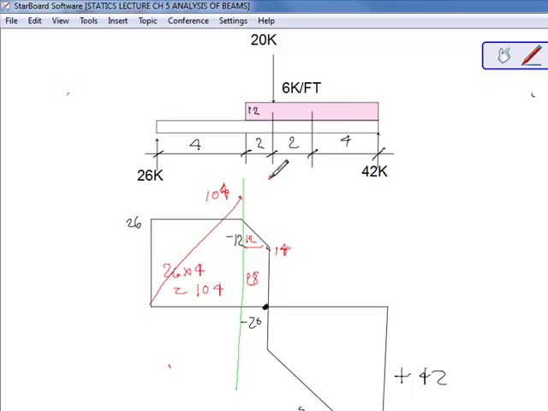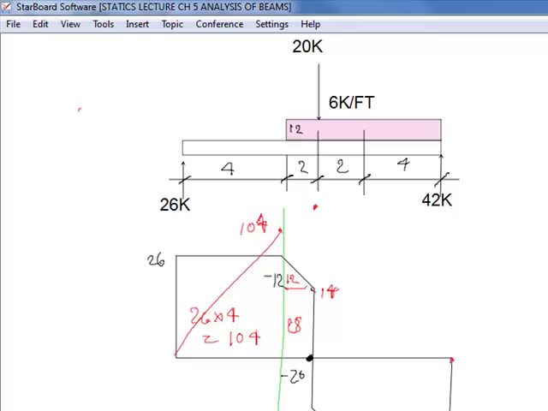Then for this section over here, you start your curve there because of the distributed load, and you curve back down to that point. And that, 6 times 2.